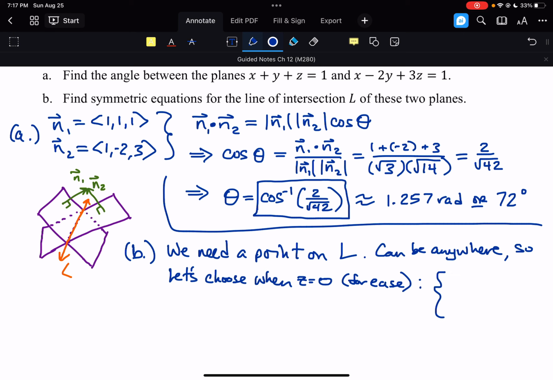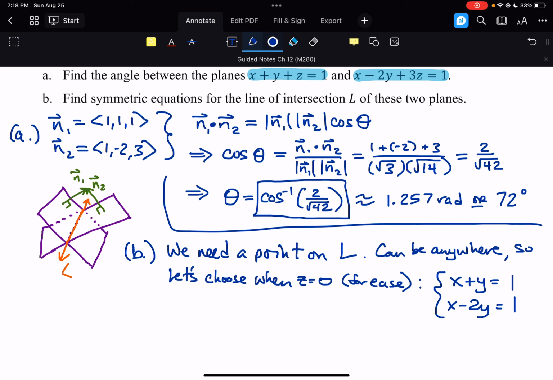So we're saying, I know there will be a point when z equals 0. So what point is it when z equals 0? If we go about it this way, we can take these equations and plug in z equals 0 into both of those. So we get x plus y equals 1, and x minus 2y equals 1.